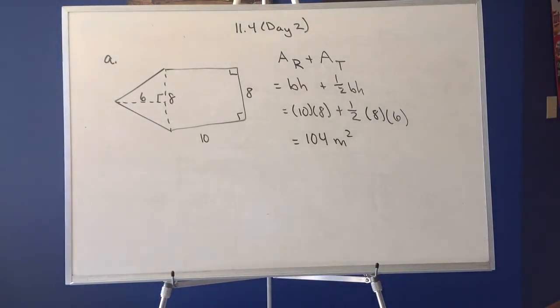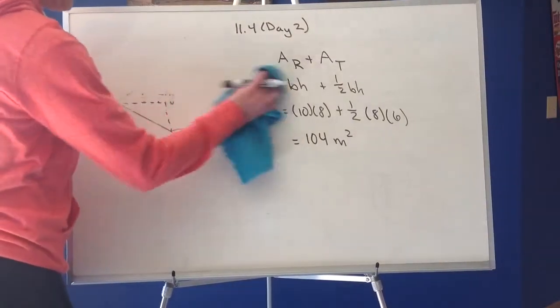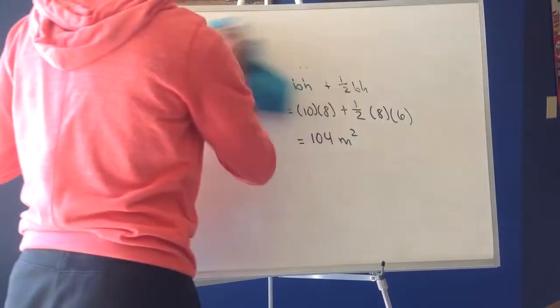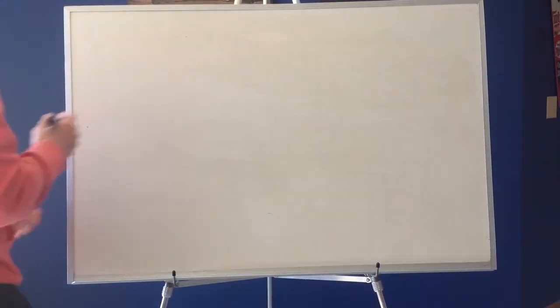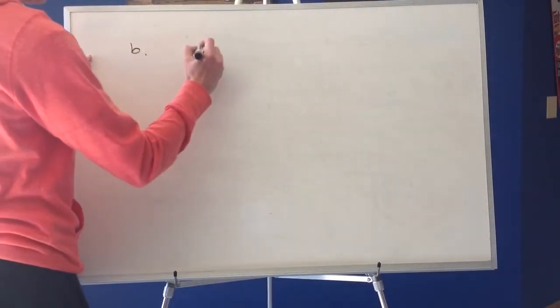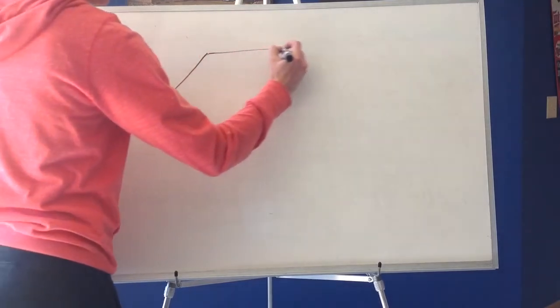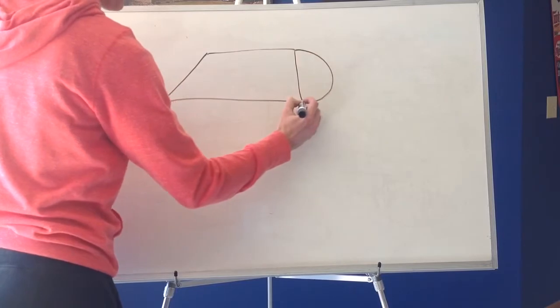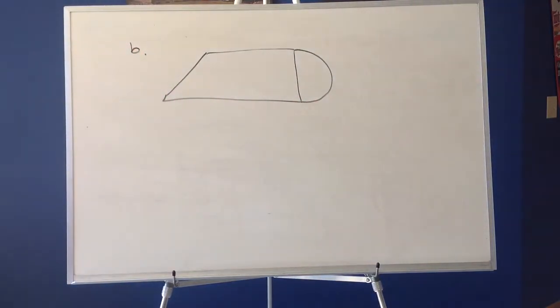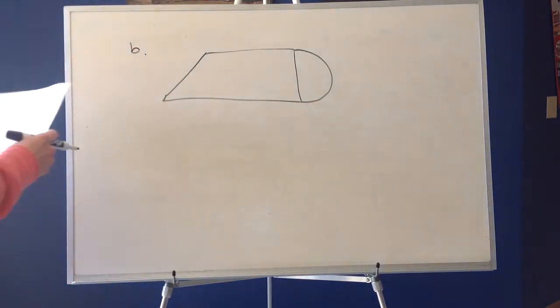All right, if we go ahead and look at the next one. Now the next one can actually be done 2 different ways. I'll talk about both of them and then we'll just use one of them.